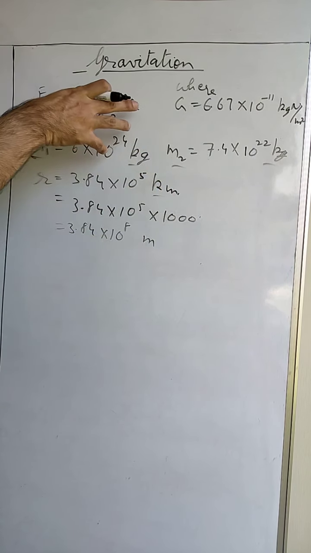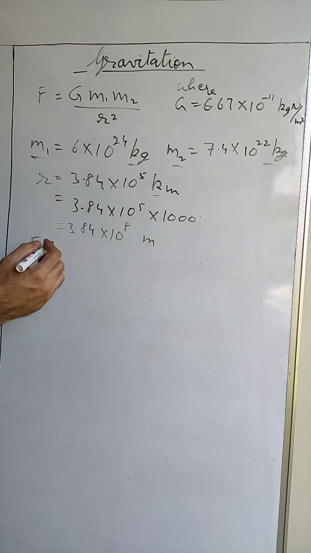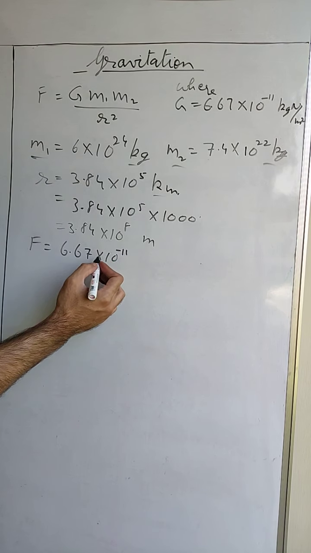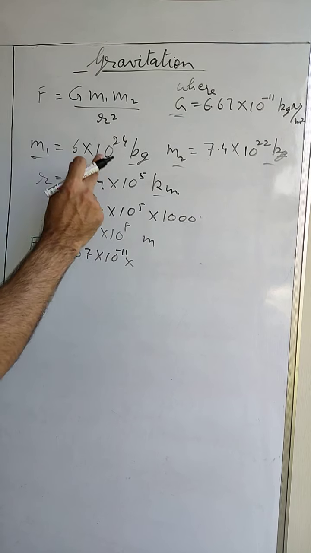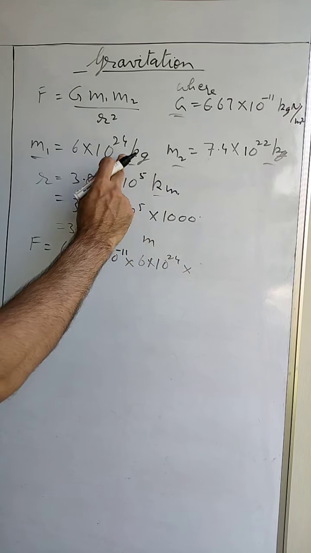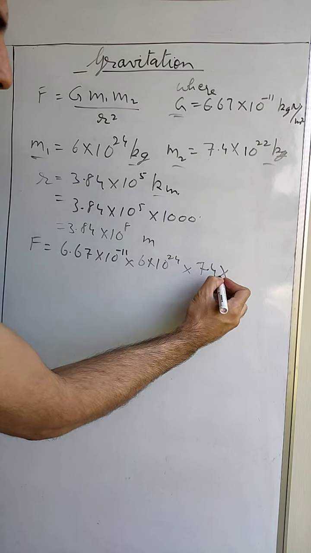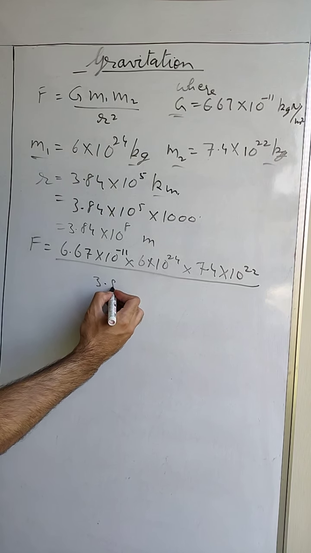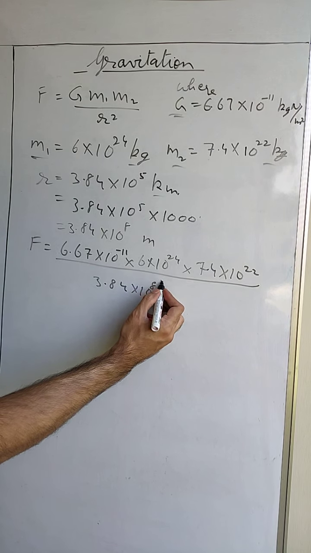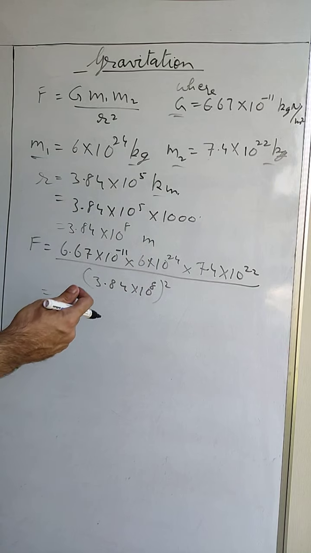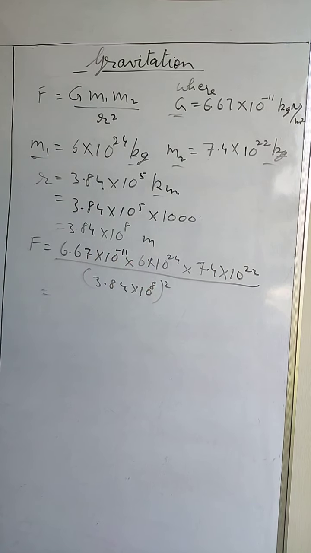Now having all these values, we'll put these values in the formula and we'll get G into m1, whose value is 6 into 10 to power 24, into value of m2, which is 7.4 into 10 to power 22, divided by r square, that is 10 to power 8 square. Now the easiest way to calculate such long equations is to separate the powers of 10 and the remaining numbers.